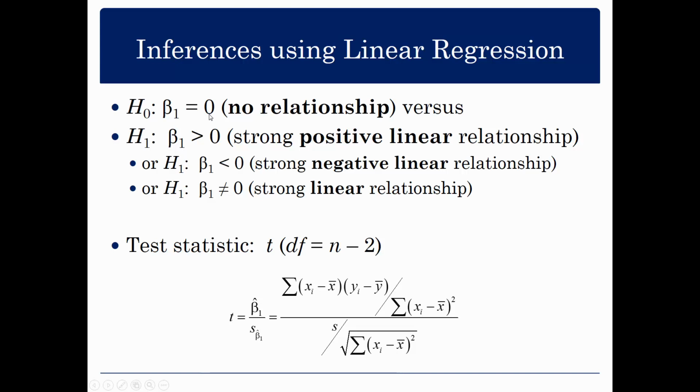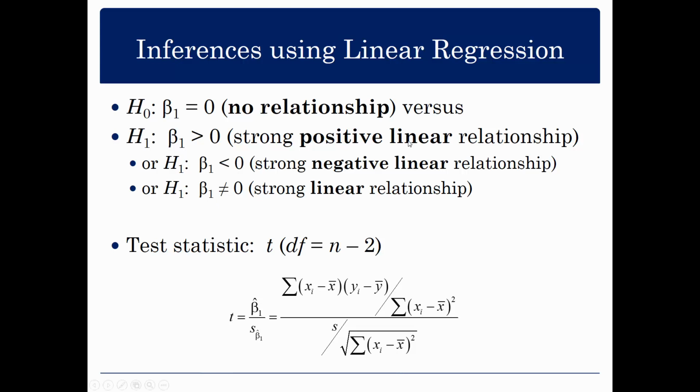The slope of the line. So that indicates no relationship or no association or independence of x and y, if you want to put it in that term. Versus, there are a couple of different hypotheses that you might be after. You might be after a strong positive association, a strong negative association, or just a strong association.